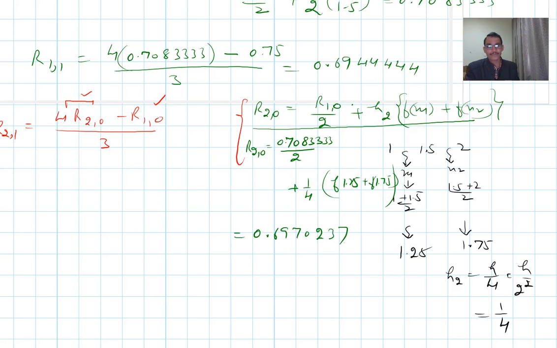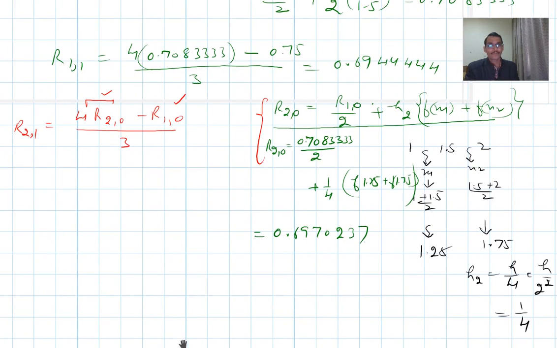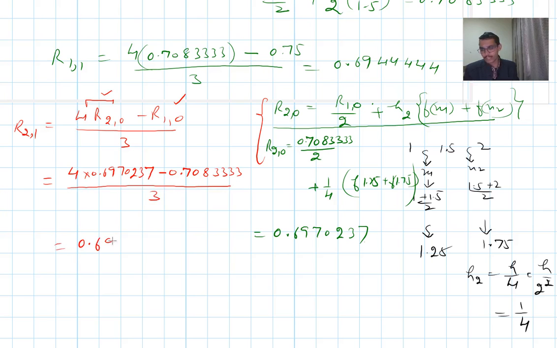So let us substitute it here, and when we substitute its value, it is 4 times 0.6970237 minus 0.7083333 divided by 3, and after doing a little algebra, it will become 0.6932536, right?